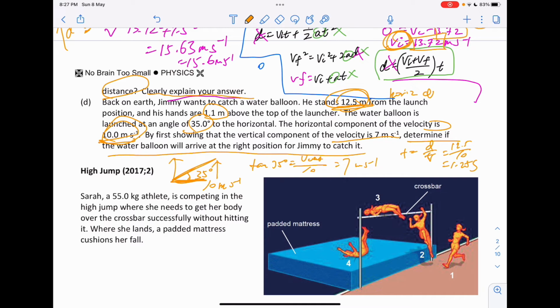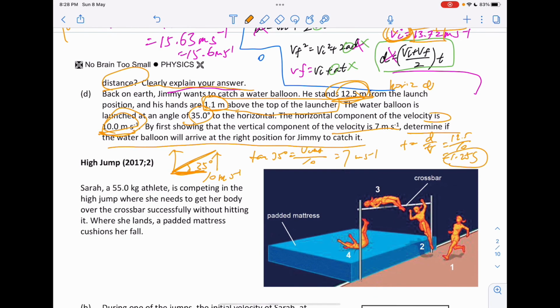That means we only have 1.25 seconds for the ball to land, to be at the position where it is above the top of the launcher for 1.5 meters.